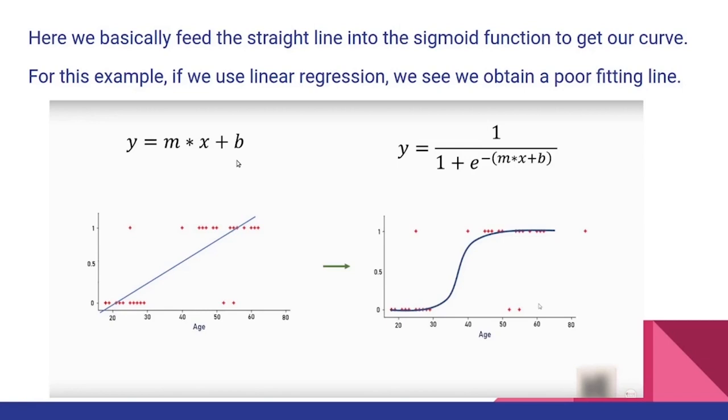And you can see that the straight line does not give a good approximation of this function. But when we feed this straight line into our sigmoid function, 1 by 1 plus e to the negative, instead of x, we have y here, which is mx plus b. We get our sigmoid function. And you can see that this does a pretty good job of fitting our curve.